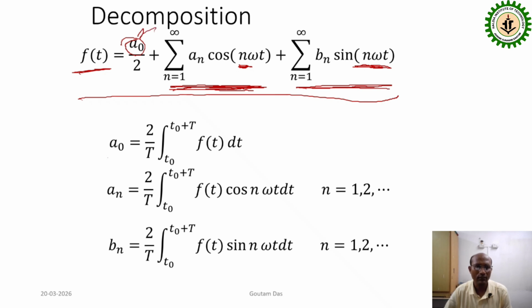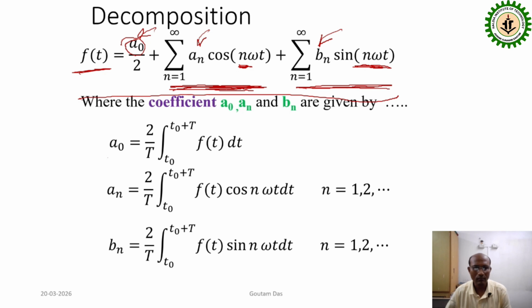We need to find out the value of a0, the value of an, and the value of bn, these coefficient values. To find these coefficient values, these are the different formulas, or equations.